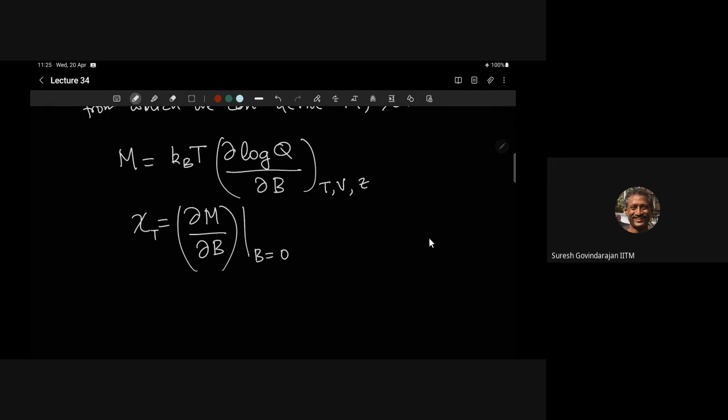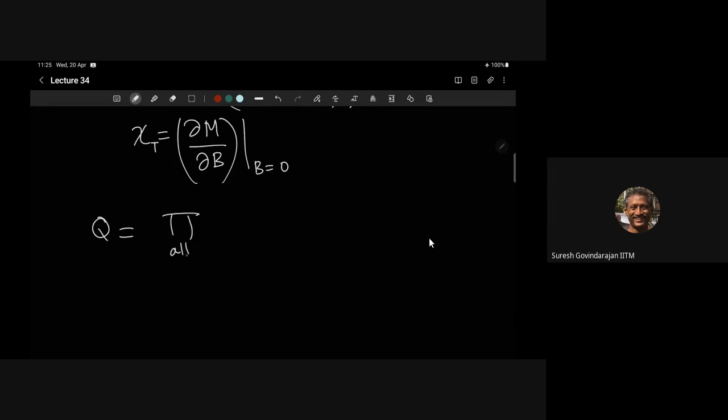Okay, let me check if my formulae are correct. Somewhere I had written it. Good. Okay, so if you compute q, we can take d log of it, and then we can just go ahead and look it up. Okay, so what is q? It's a product over all states.